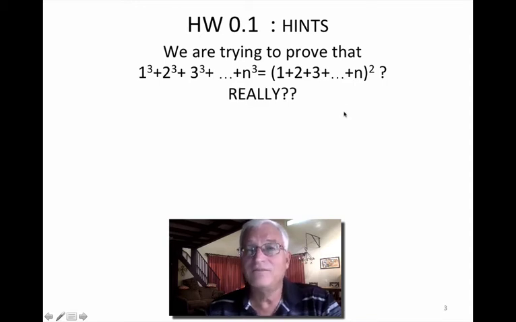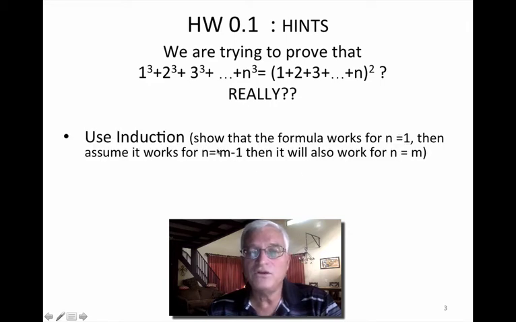Now, we've really done part 1 of the inductive logic, where you set the parameter to a very small value, and you show that it works for that very small value. But now we have to use the rest of the induction, which you're going to do in your homework. You need to display that it works for n equals 1, so I am expecting you to put that on your paper when you turn it in.